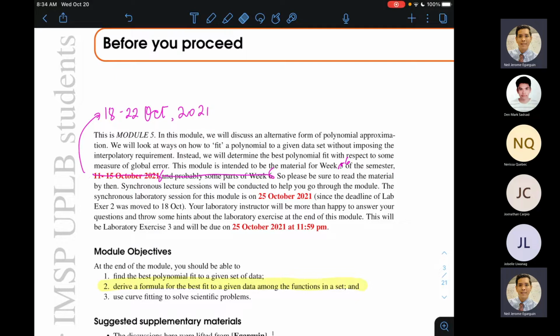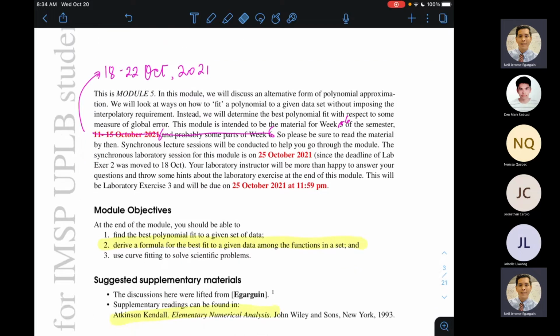So the objective for this module is to find the best polynomial fit to a given set of data. And instead na ibigay ko lang sa inyo yung formula kung paano hanapin yung best polynomial fit, we will derive formulas for this best fit. So at least i-present ko paano dinerive yung pagkuha ng linear fit and quadratic fit.